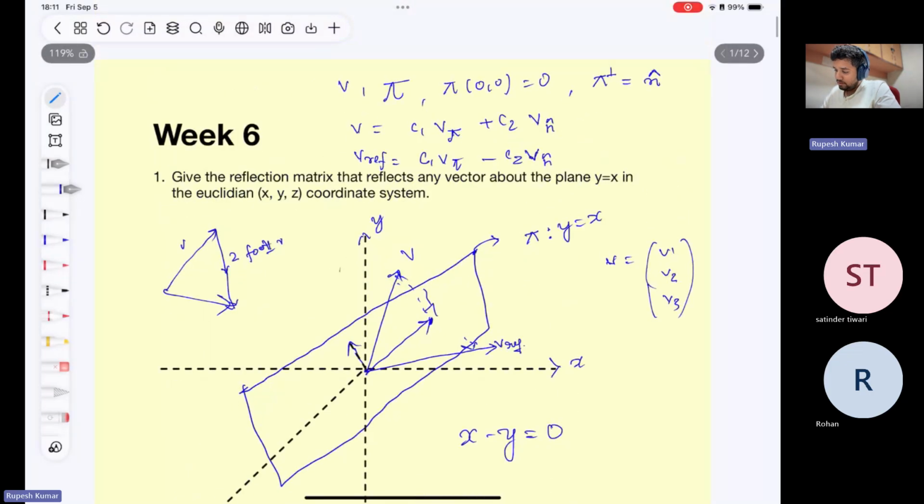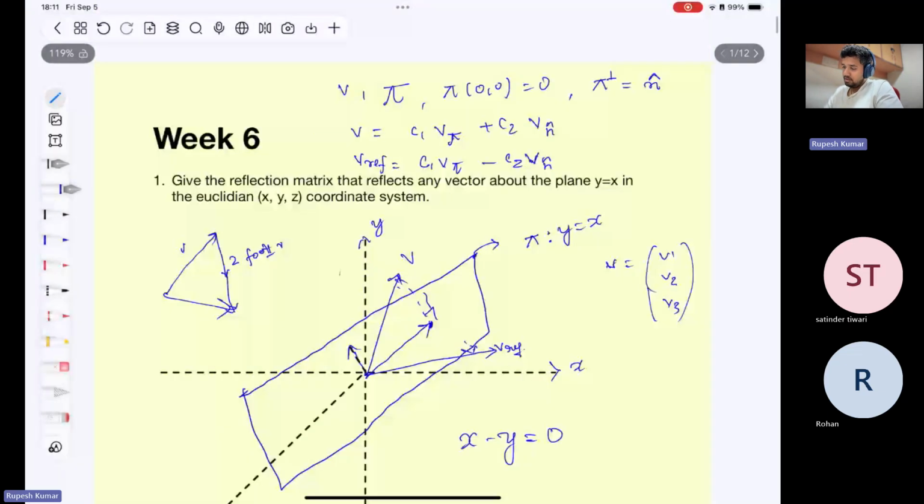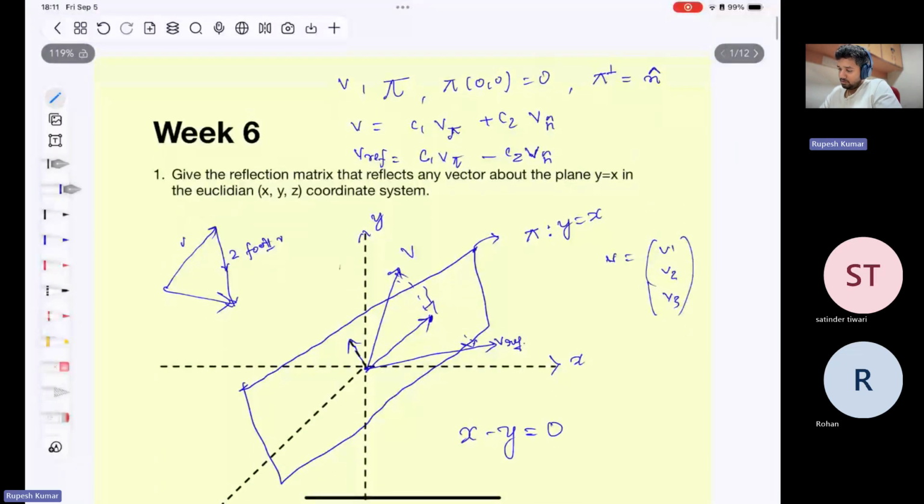And then we want to find v pi, right? So q is basically v pi, v's projection on the plane pi, right? So let me call this equation 1 and this equation 2.